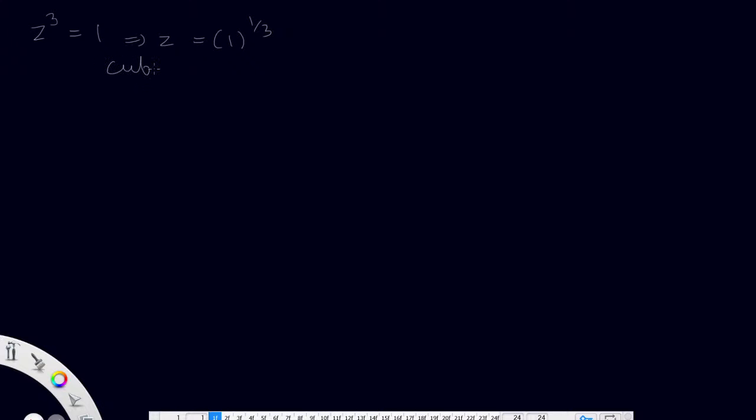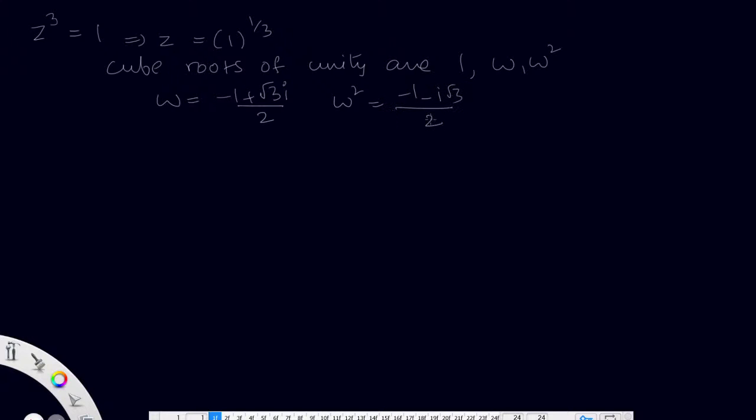Cube roots of unity are 1, omega and omega square, where omega equal to -1 plus i root 3 by 2 and omega square equal to -1 minus i root 3 by 2.